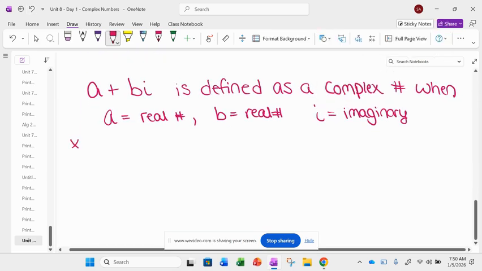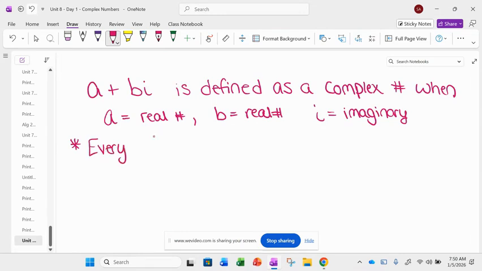And I'm going to put a little star here, and I'm going to say every number can be written as a complex number.